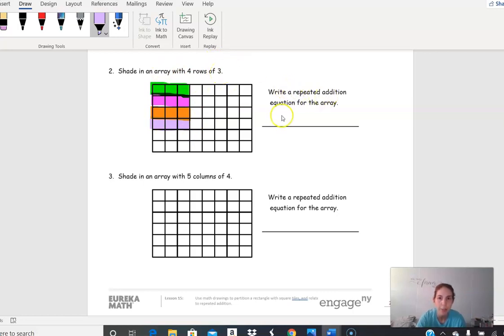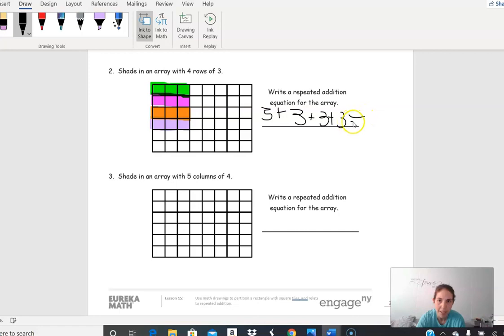And now for our repeated addition sentence, you should already be thinking about it, and it's going to be 3 plus 3 plus 3 plus 3.